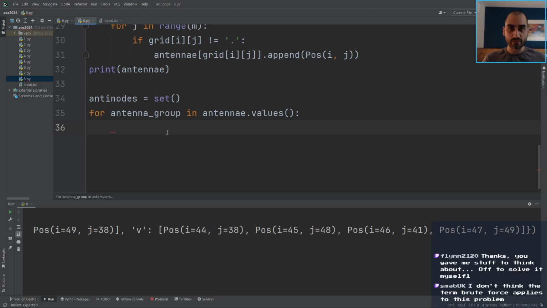I don't think the term brute force applies to this problem. I would agree, I don't like that people are overusing the word brute force, like the one where you're making the guard run around. I think of that as literally running the simulation. For simulation problems, there may exist quick ways of cutting out steps, but you're not really searching through a space. You're simulating a set of steps. I don't like using the term brute force there.